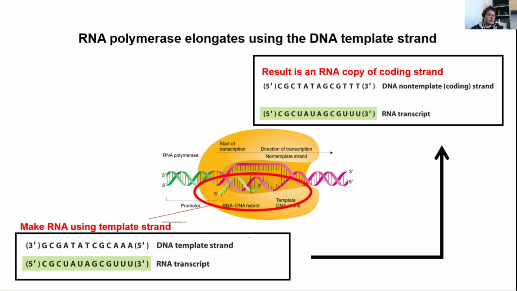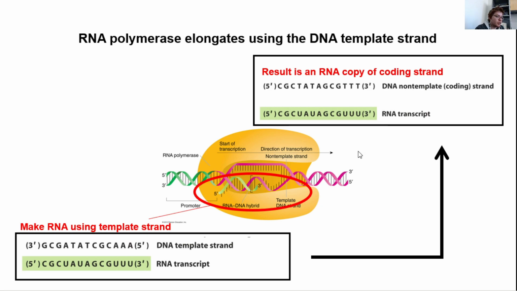You might say, how does it know which strand is which? Well, there's only one strand that's in the orientation that would be compatible with the RNA transcript being synthesized in the 5' to 3' direction, right? And that is the bottom strand here that goes in the 3' to 5' direction. So simply by opening this up, you've already imposed, by the directionality of the polymerase, which way you're going to go.